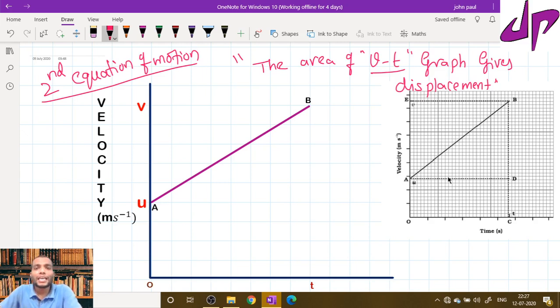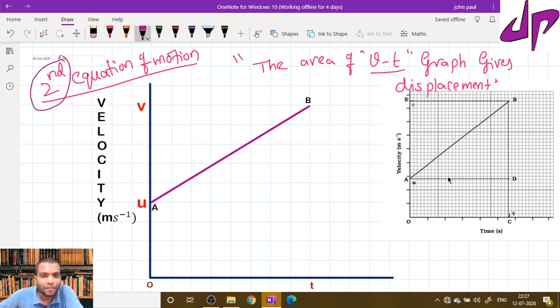This is the key statement, a very important statement to derive the second equation of motion. Remember carefully, the area of the velocity time graph gives displacement. What does it mean?